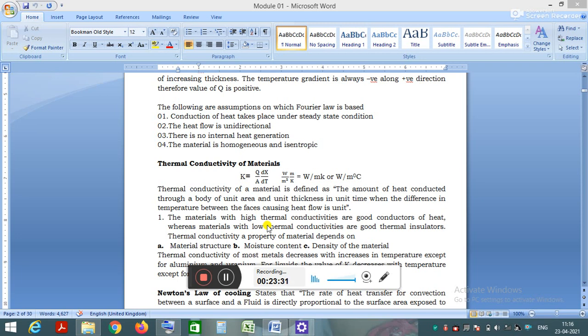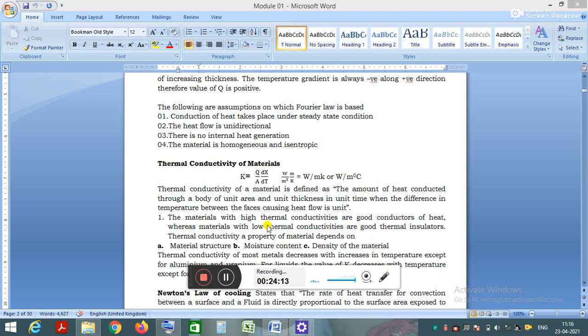And the temperature difference between the 2 points across which the heat transfer is taking place is also unity, that means 1 degree Celsius.